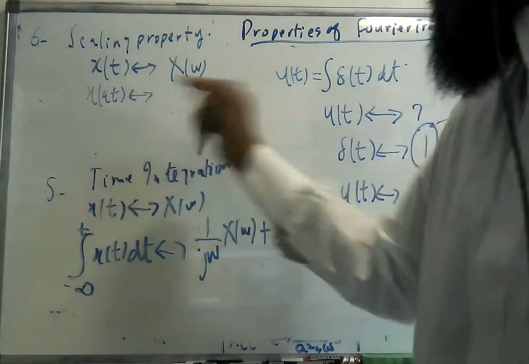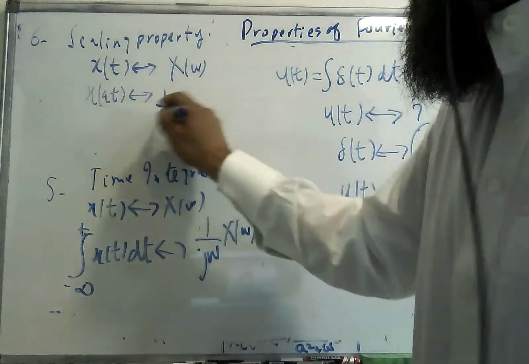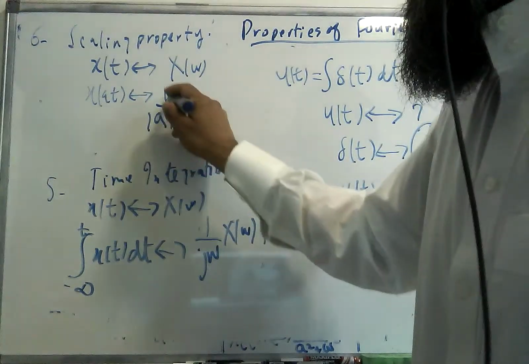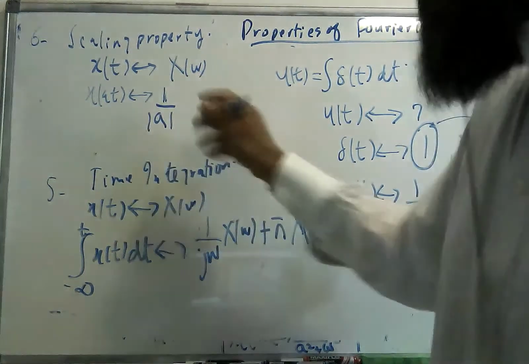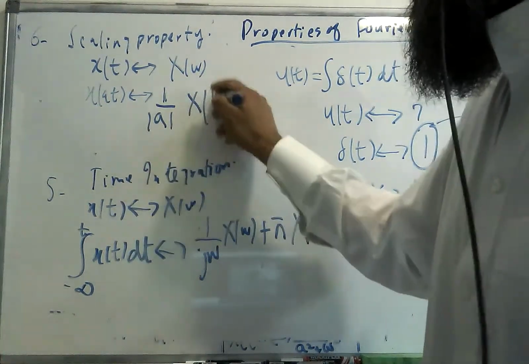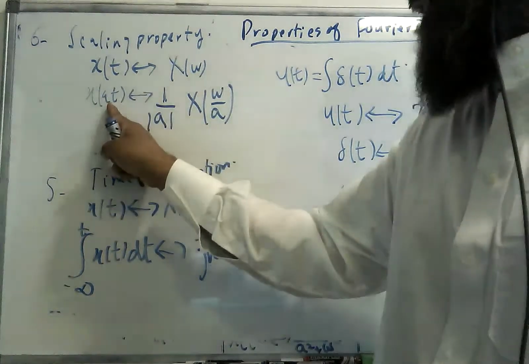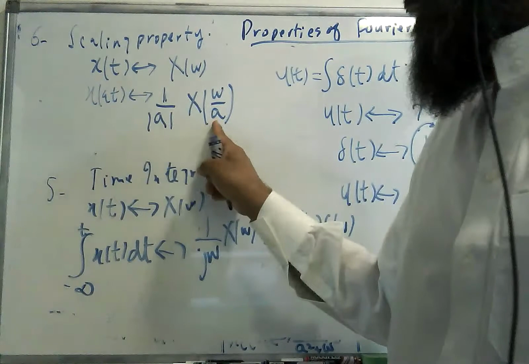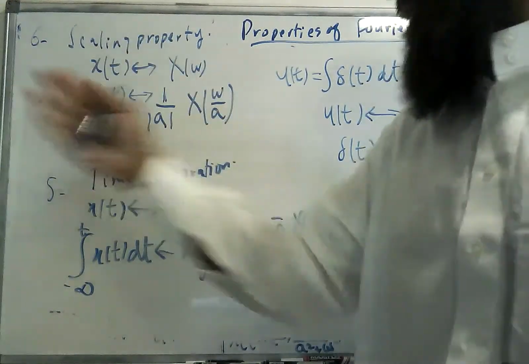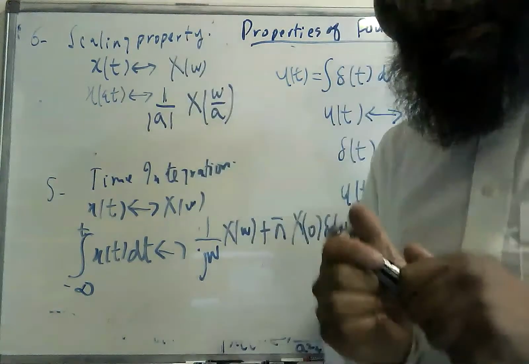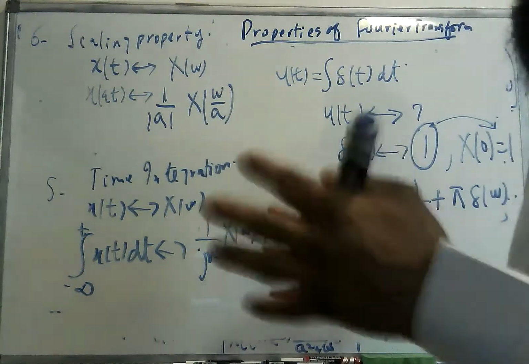So on the Fourier side, I scale it in amplitude, but more importantly, I also scale it in the frequency domain. So if we compress a function in time, in frequency it will be expanded. And if we expand the function in time, in frequency it will be compressed. So the time domain and the frequency domain act opposite.